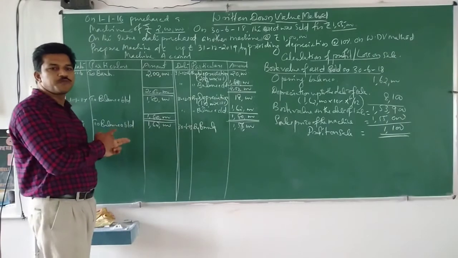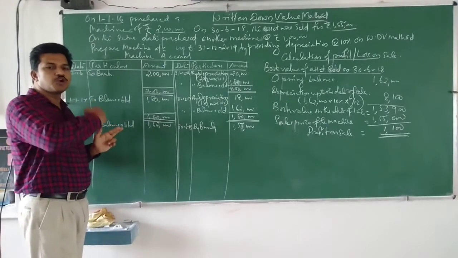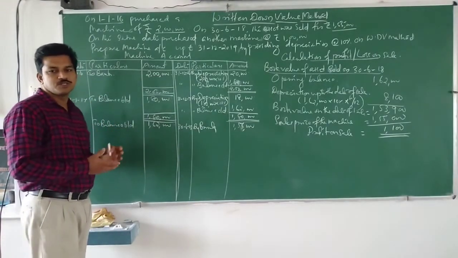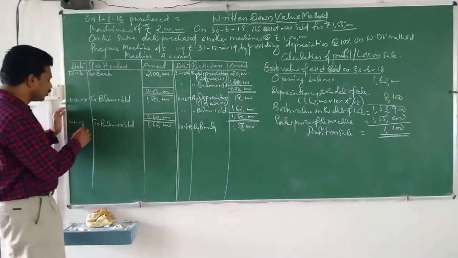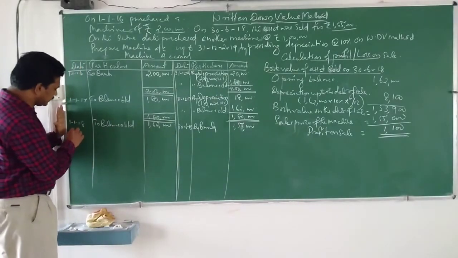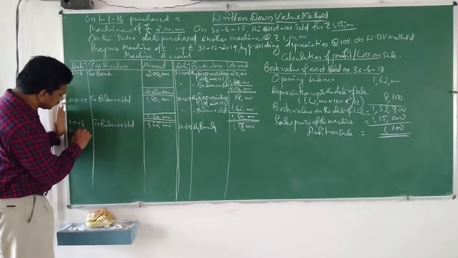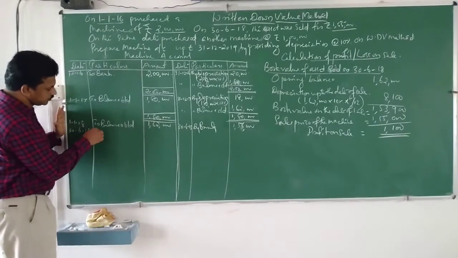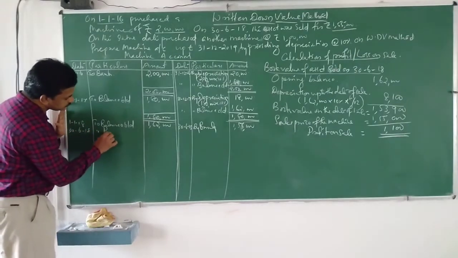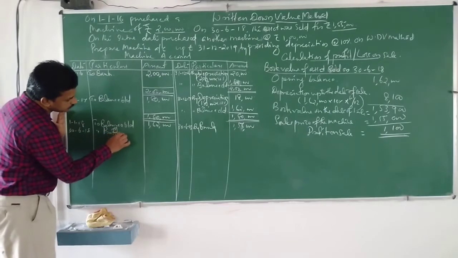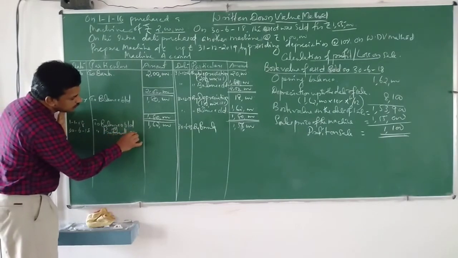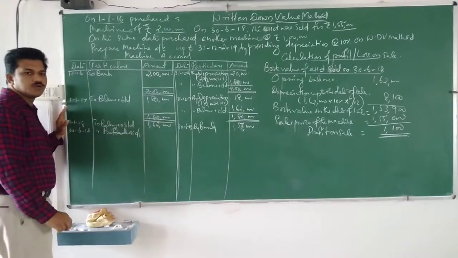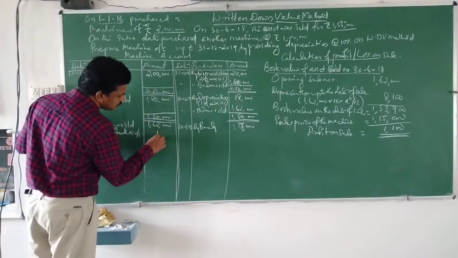Now this is profit. Profit should be shown on the credit side of the profit and loss account. So here we have to write on the debit side. But write 30/6/2018 to profit and loss account. Profit and loss account. How much? 1,100.